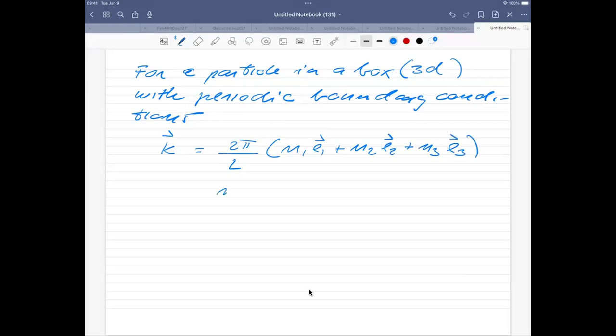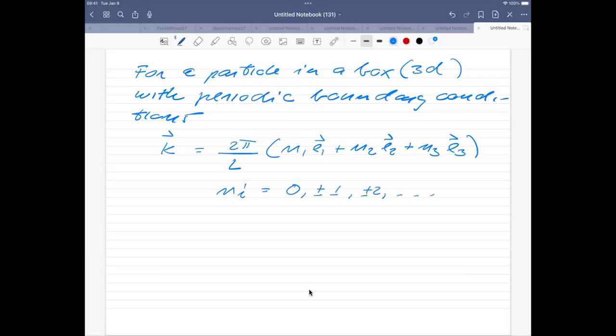These numbers ni are the quantum numbers for this specific system. We have 3 dimensions, so we have 3 quantum numbers, and these numbers take the values plus minus 1, plus minus 2, etc. There is an infinity of such energies.